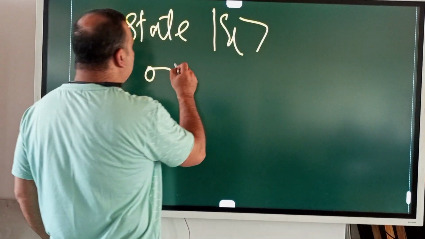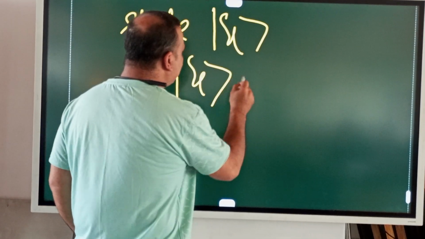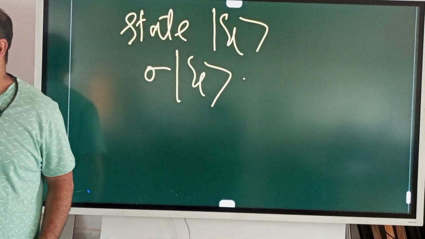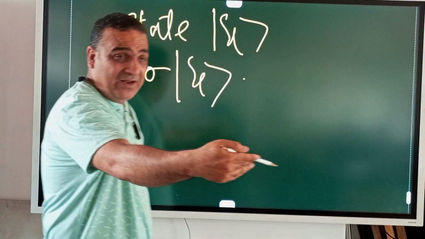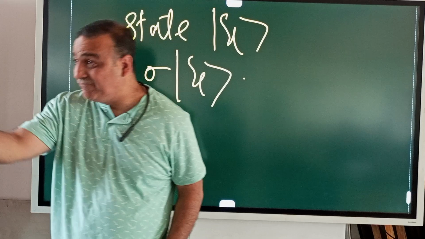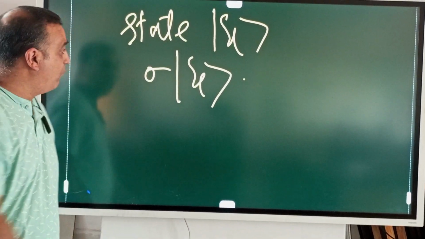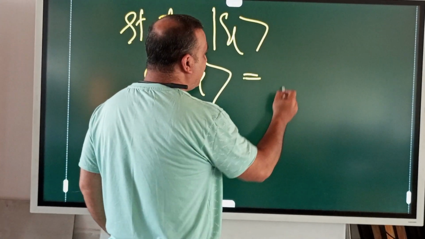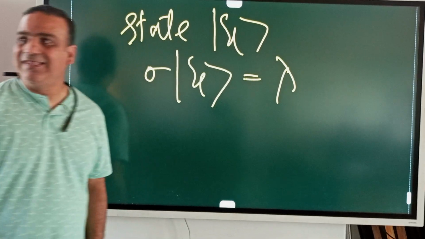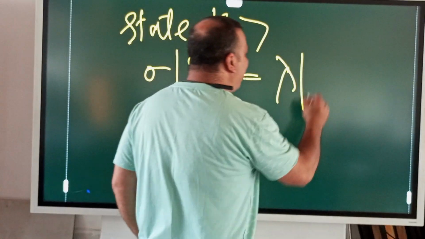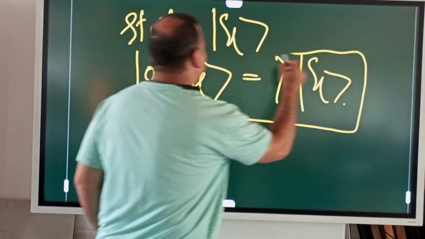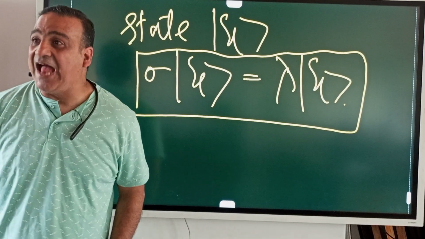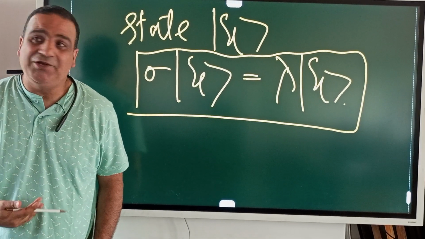This sigma will act on this zeta, on this state vector, on this eigenfunction. What will you obtain? You will obtain the eigenvalue lambda, and you will come back with zeta. So this is my eigenvalue equation.